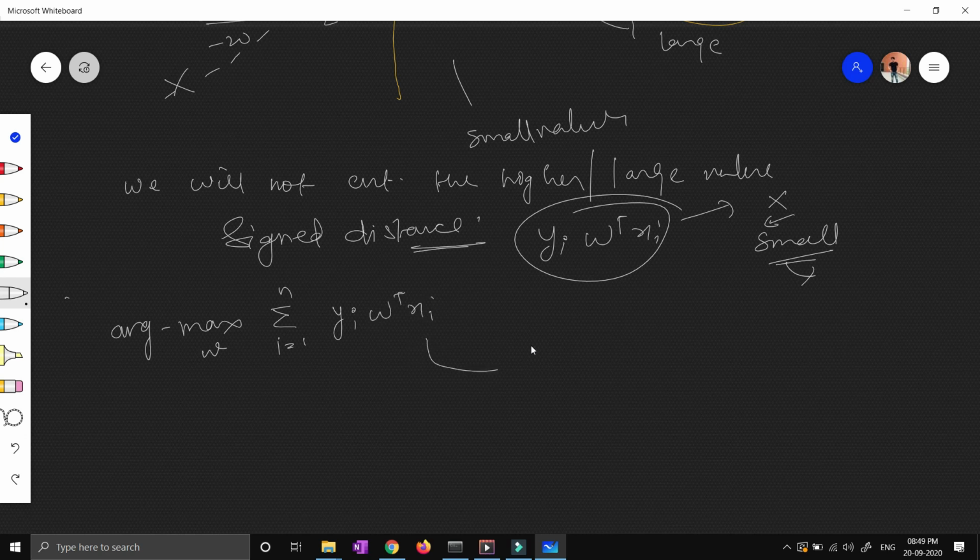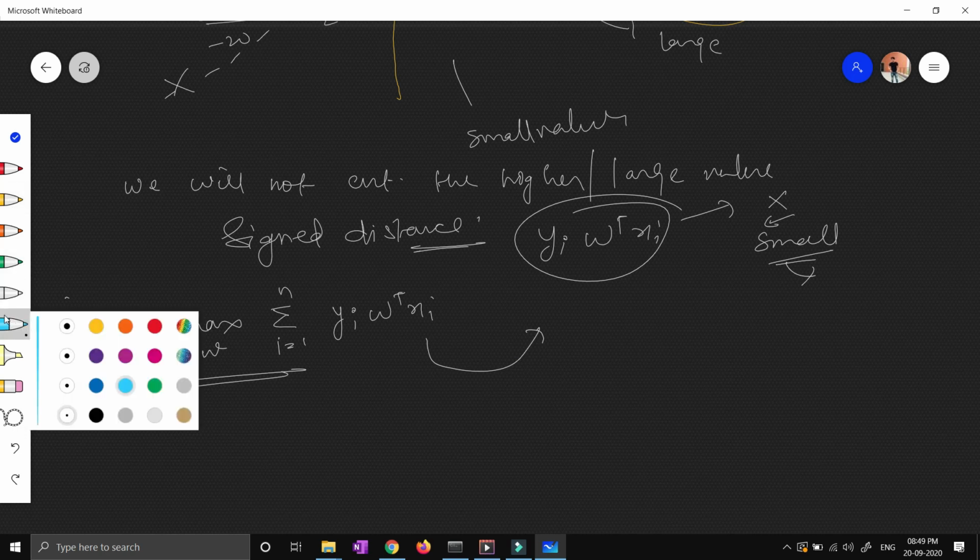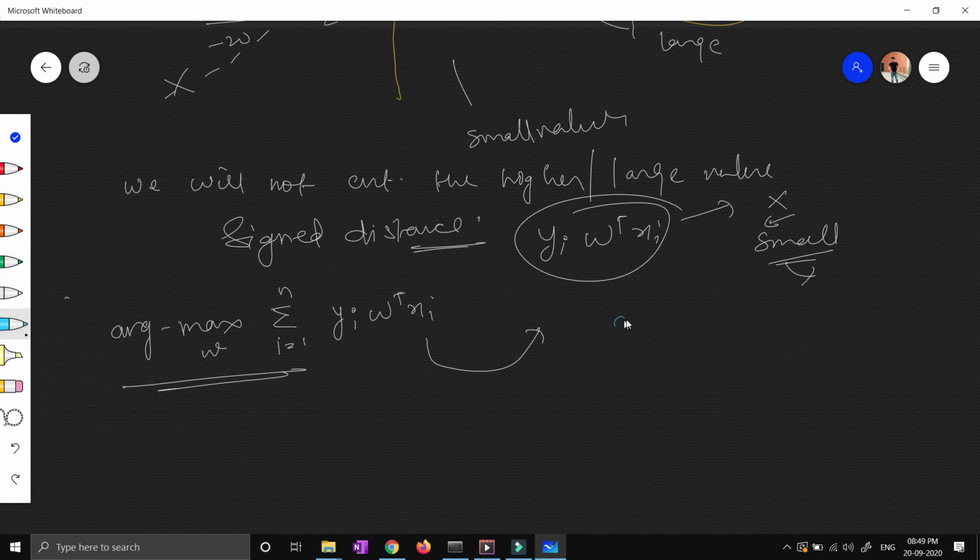Now we will move from this equation to the new equation, argmax of w, summation of i equals 1 to n of a function of yi w transpose xi.